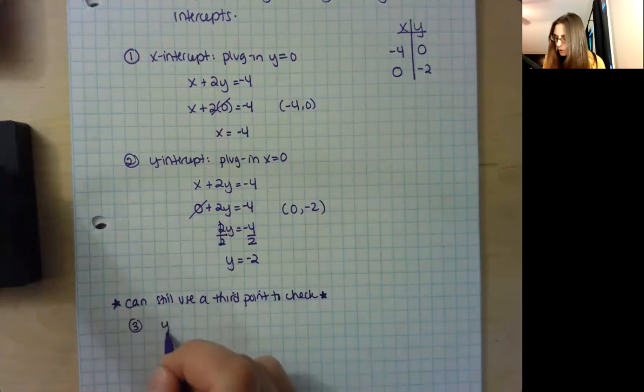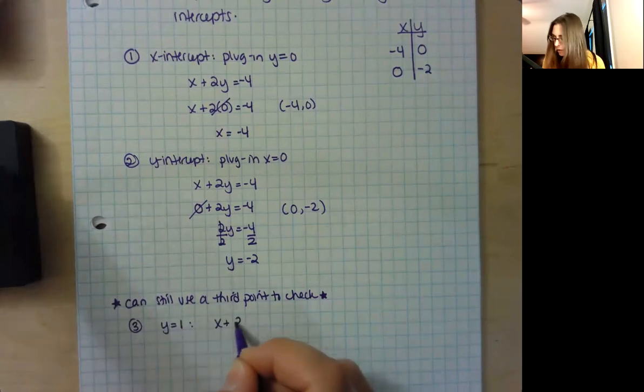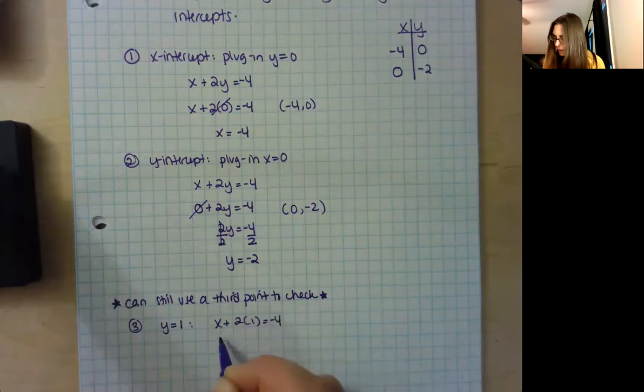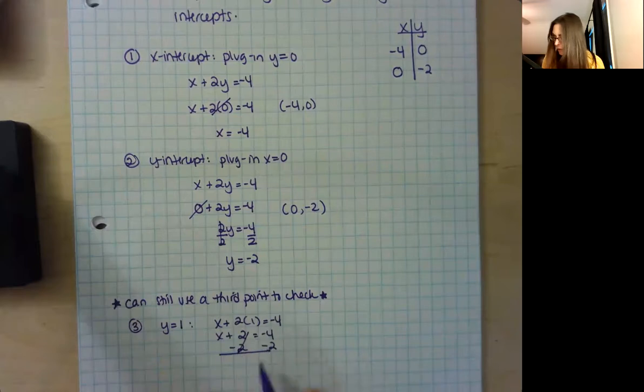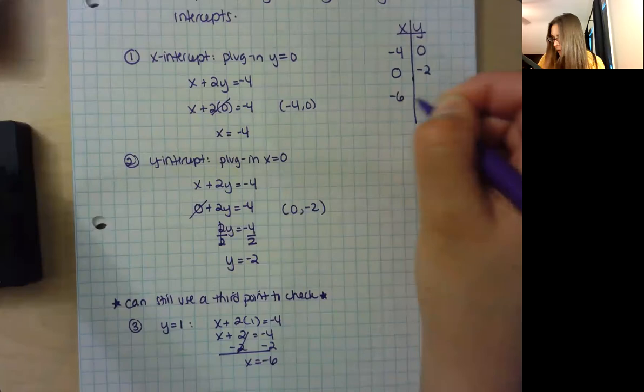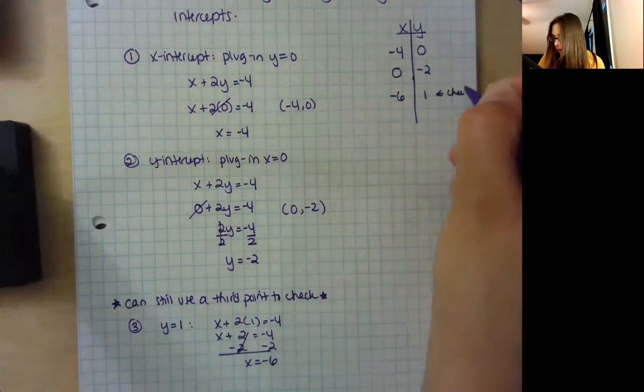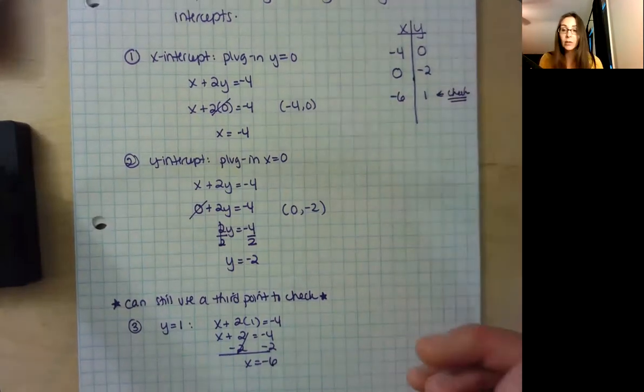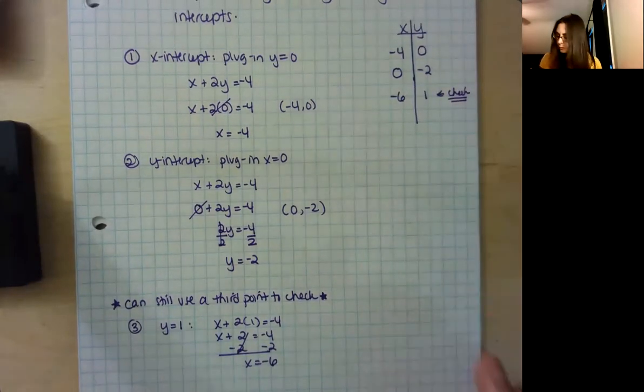I'm going to pick y equals 1. So I have x plus 2 times 1 equals -4. 2 times 1 is 2. Subtract 2 from both sides, and I have x equals -6. So my checkpoint is going to be -6, 1. So this is going to be just for check purposes here. But it's not an intercept, right? It doesn't have a 0, so it's not an intercept.